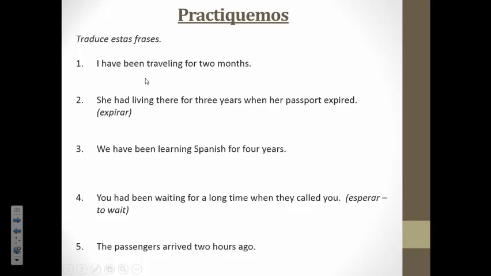So hace 2 meses que, and then what's to travel? Okay, now put viajar in the present tense. Yo form. You would have viajo. So your whole sentence should say, hace 2 meses que viajo. All right, please pause me and work through these and we'll check our answers.